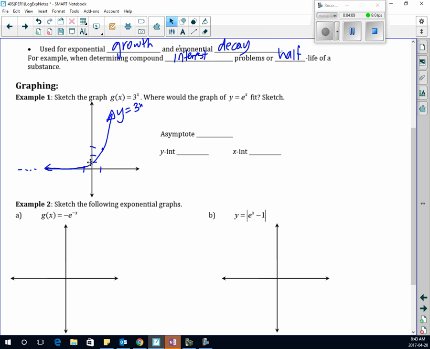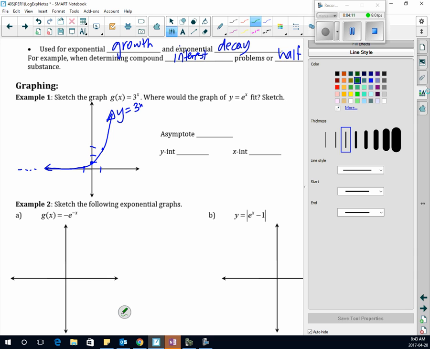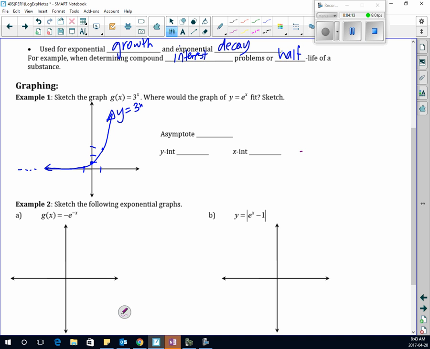So where do you think e to the power x would be? What's e as a base? 2.71 roughly, right? So it still goes through 0, 1 because e to the power 0 would be 1. At 1, it wouldn't be at 3, it would be at 2.7.